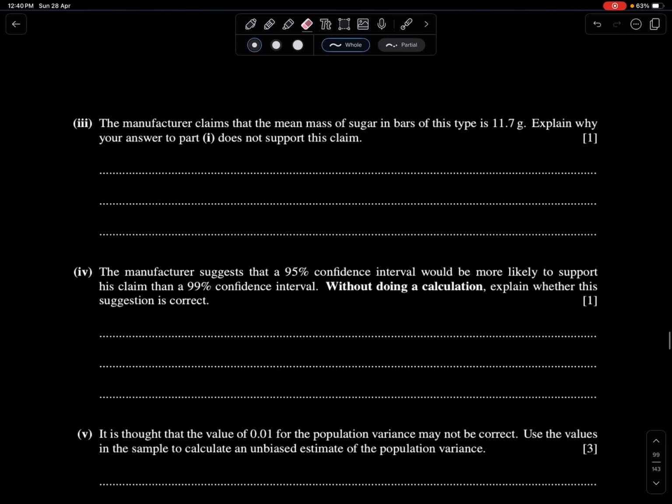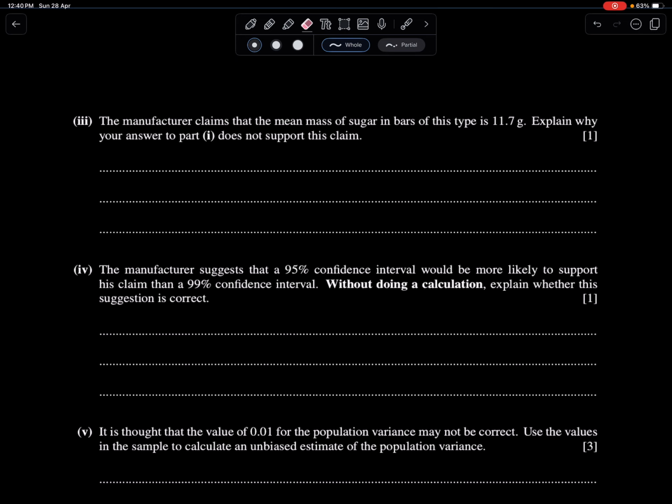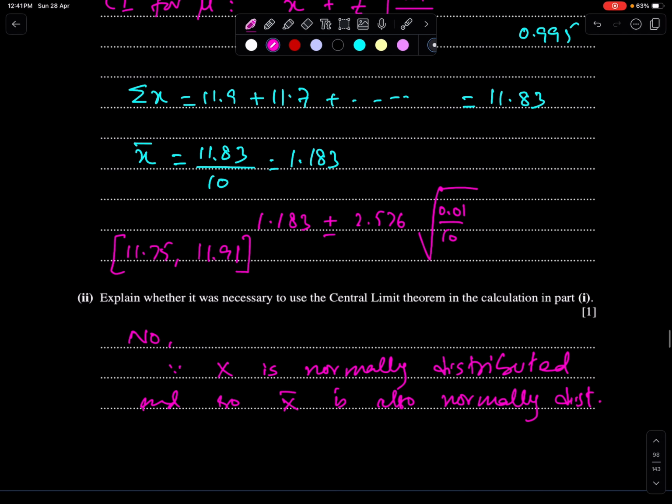The next part of this question: the manufacturer claims that the mean mass, that means mu, of sugar in bars of this type is 11.7. Now this is the claim of the manufacturer, that mu is 11.7. Explain why your answer to part 1 does not support this claim. So this is the answer of part 1.